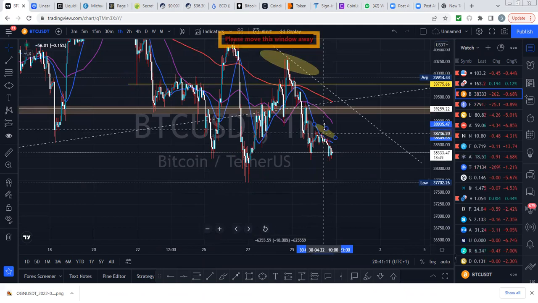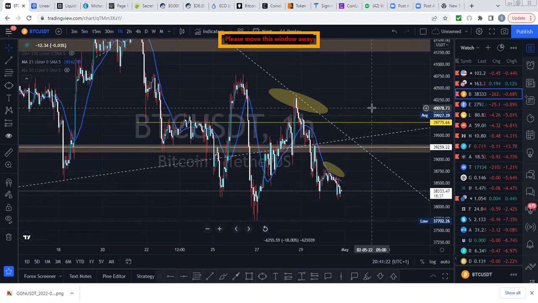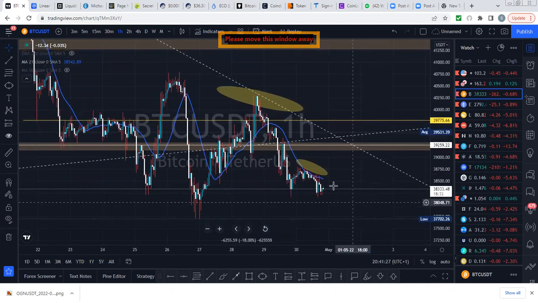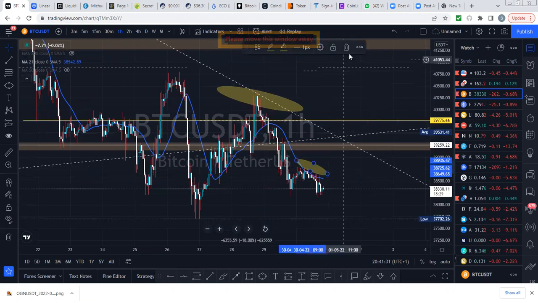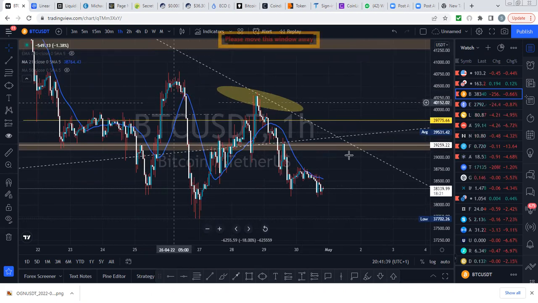Let me hide the 250. You can see that on this time frame, which is H1, the 20 moving average follows price very closely. The 50 and 200 are a bit isolated from this time frame.